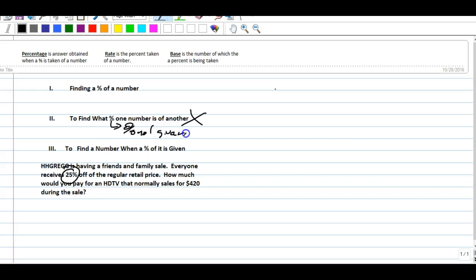Here, the percent is given, 25%, so we have a rate. So that rules out this particular type problem. So it's either this type problem or this type problem. And actually here, what I need to do is find 25% of 420. So it's actually finding a percent of a number.